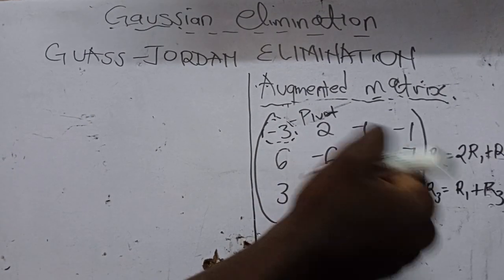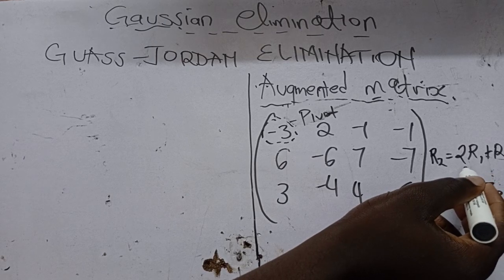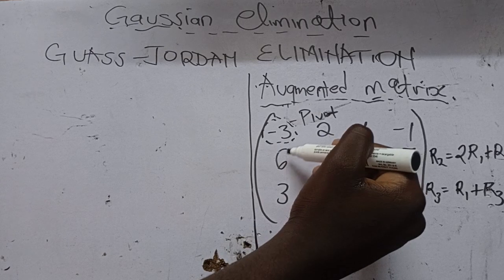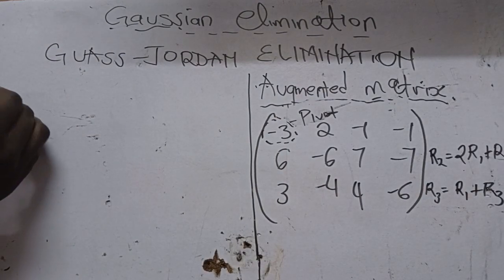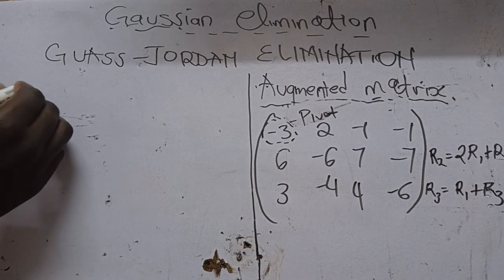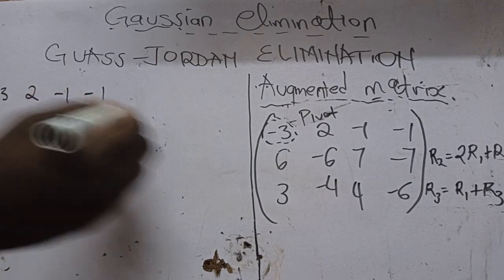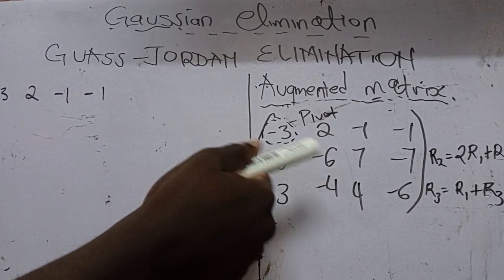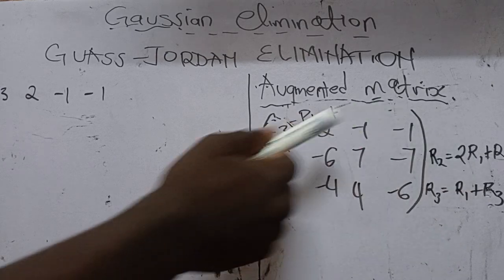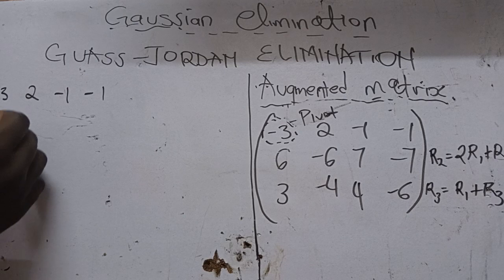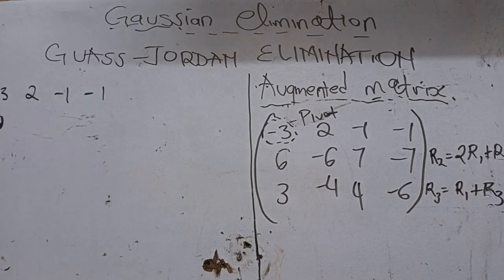For R2, 2 times 3, negative 3 is negative 6. Row 1 will remain 3 because that is the pivot, negative 1. Negative 2 times negative 3 is negative 6. Negative 6 plus 6 is 0.